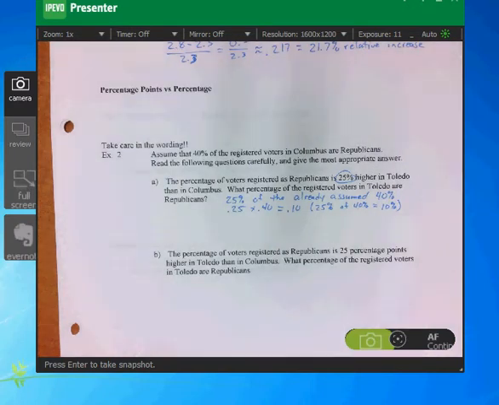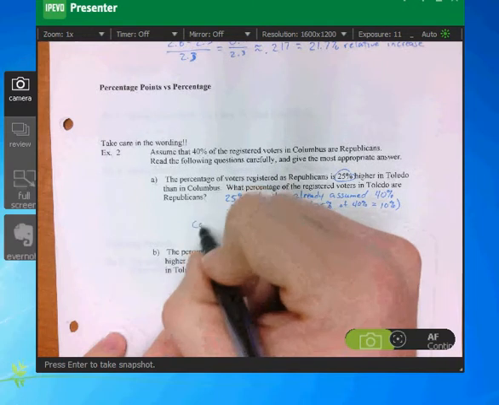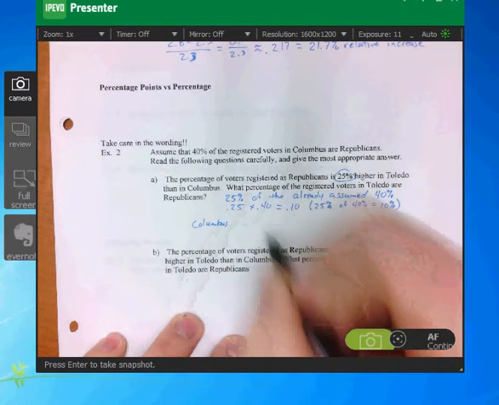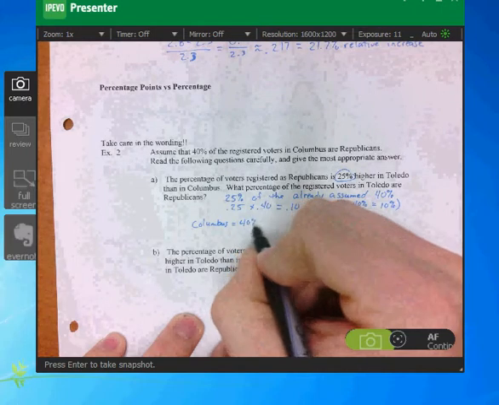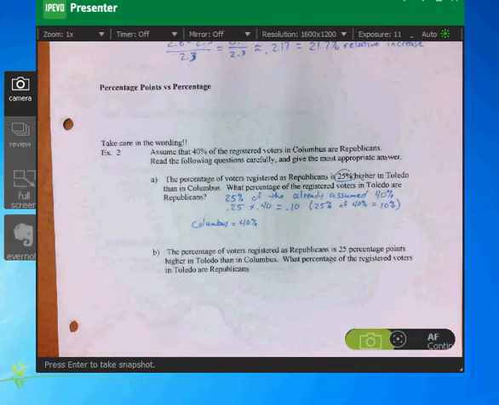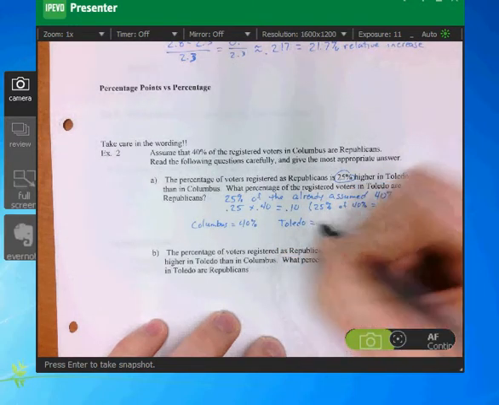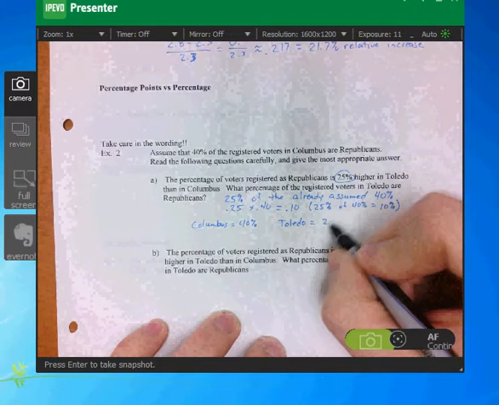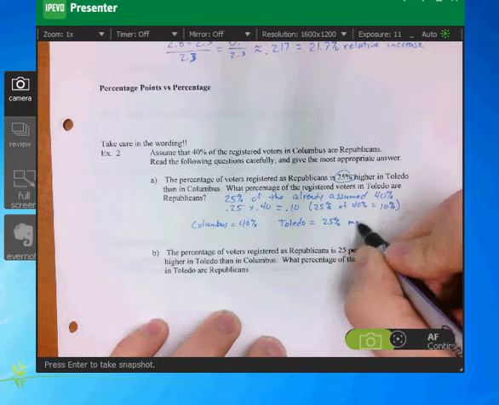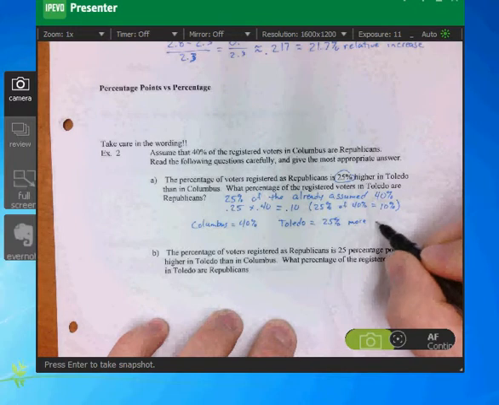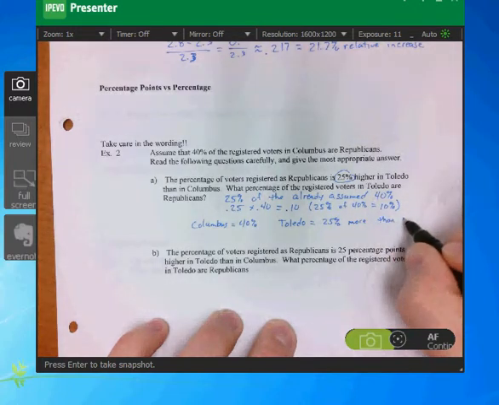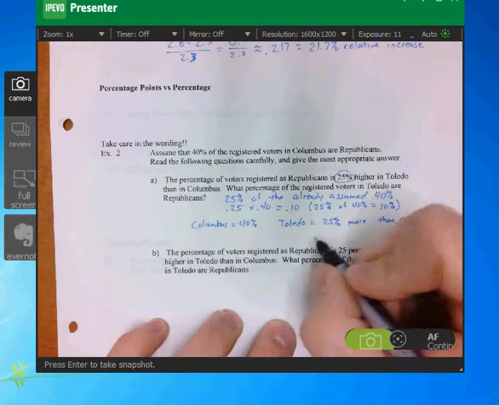So we've got, in Columbus, 40% of the voters are registered as Republican, and then in Toledo, we're saying 25% more than Columbus, which is that 10%.